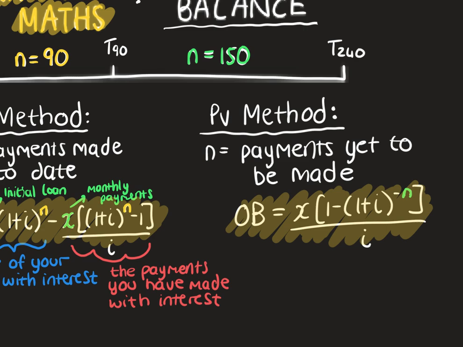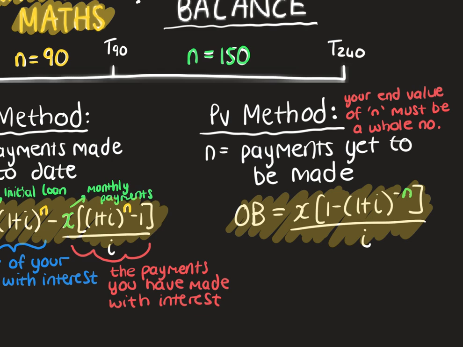So what I'm trying to get at is that your n value, if you want to use your present value, and this is quite important, your end value of n must be a whole number.